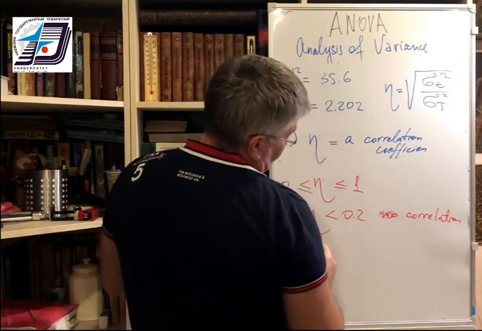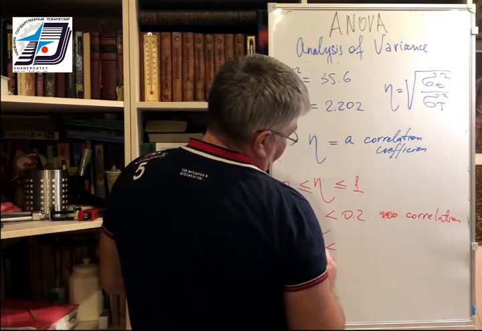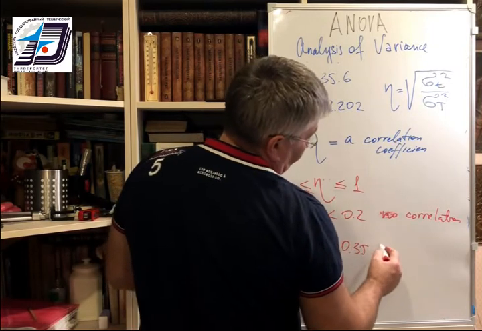Eta more than or equal to 0.2, weak correlation.